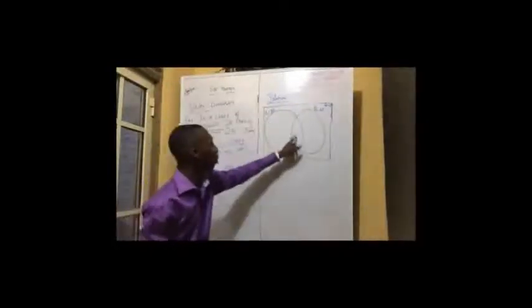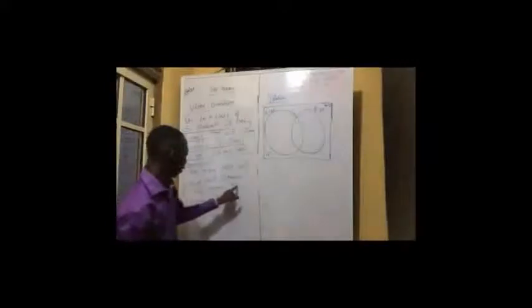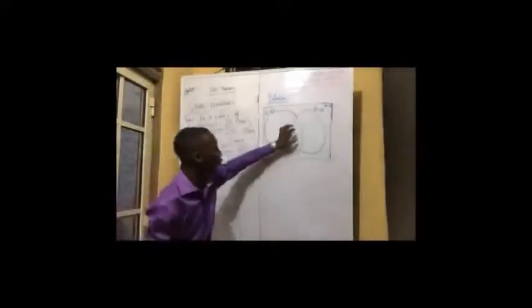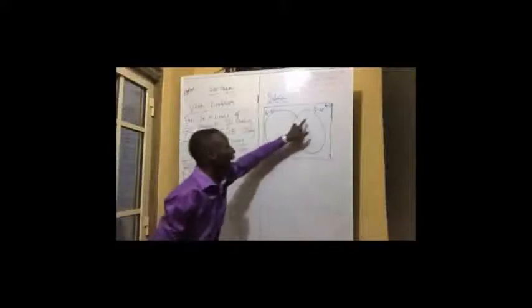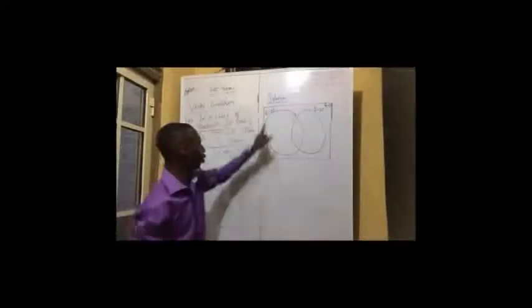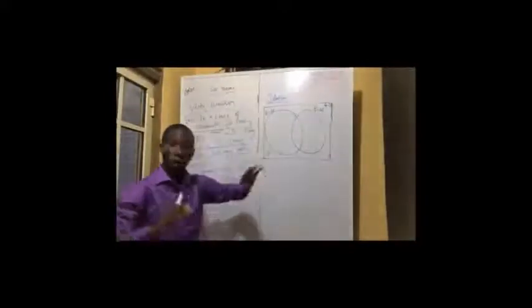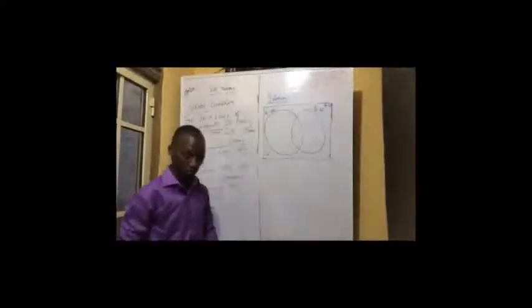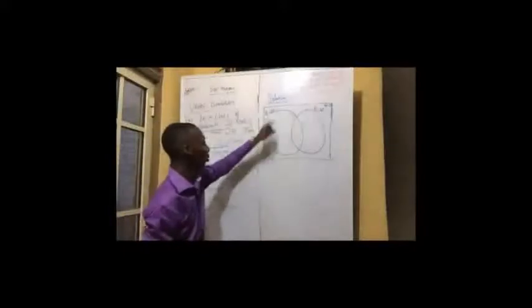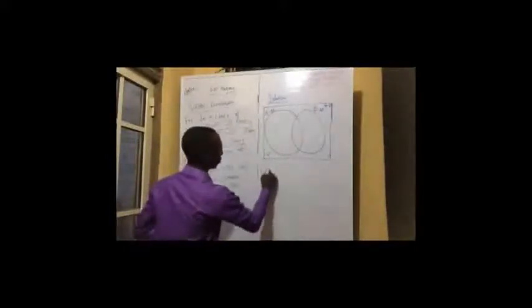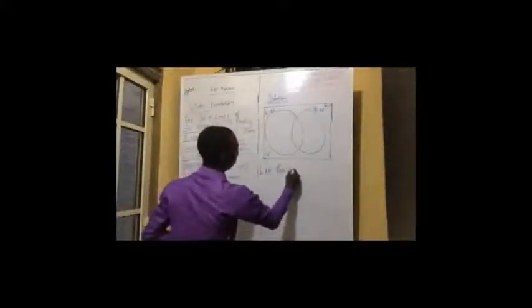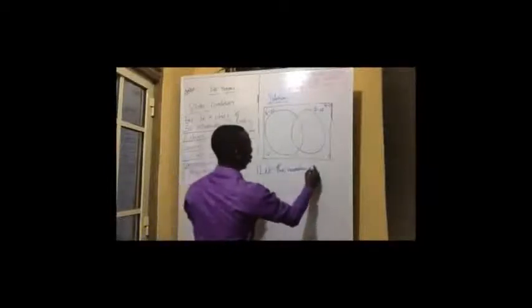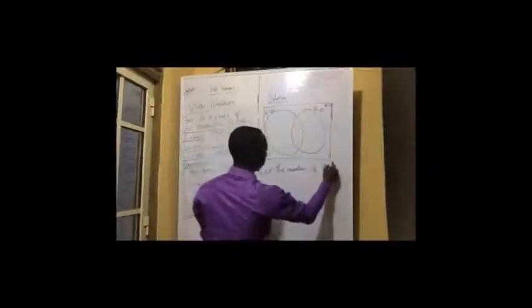Out of this number of students that take both, which you are looking for now, there are still some students in here that are doing economics. So that is why you don't write this one. You have not gotten the actual number of people that study biology.